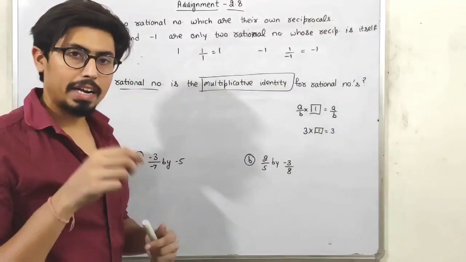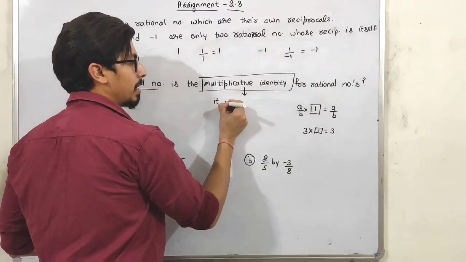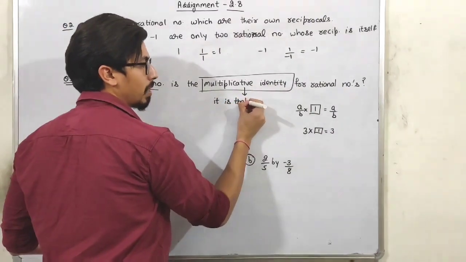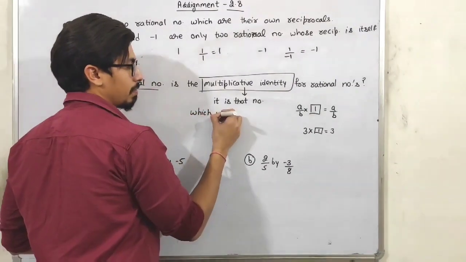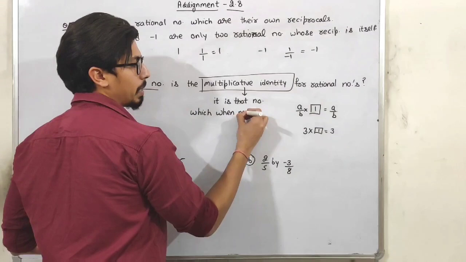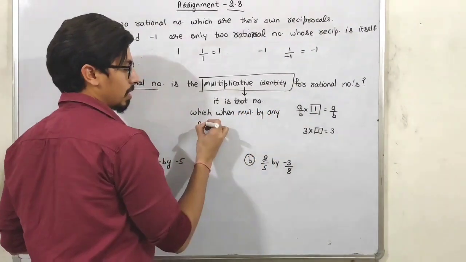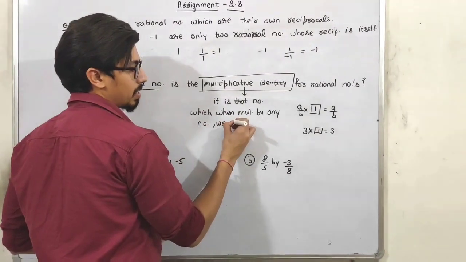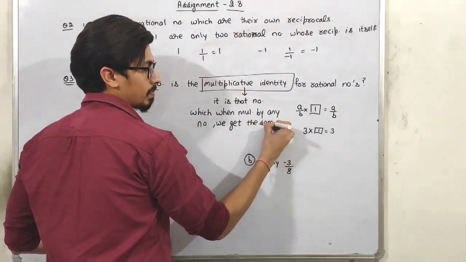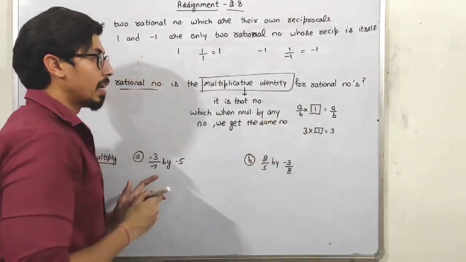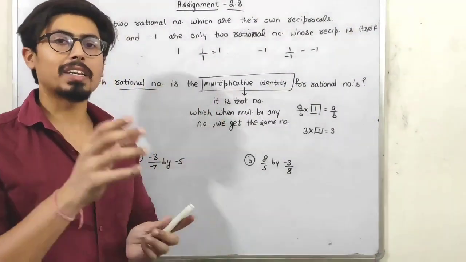Okay, the multiplicative identity is that number which, when multiplied by any number, gives the same number.